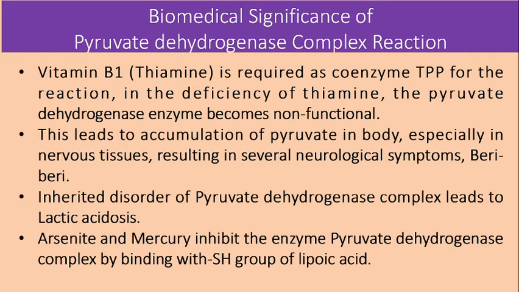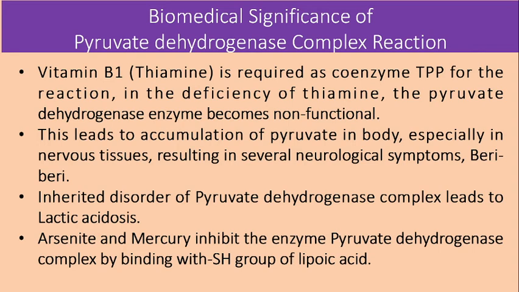Biomedical significance of the pyruvate dehydrogenase complex reactions. We know that thiamine is a vitamin, derived from the B complex, vitamin B1. It is also required as a coenzyme for pyruvate dehydrogenase complex, in the form of TPP.